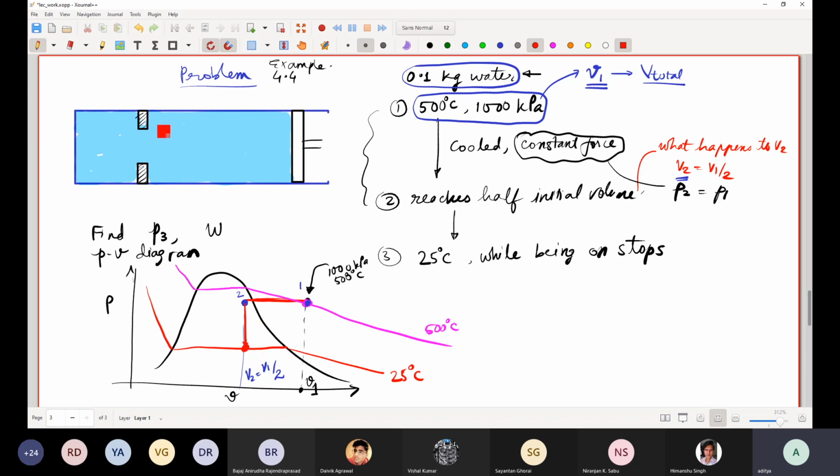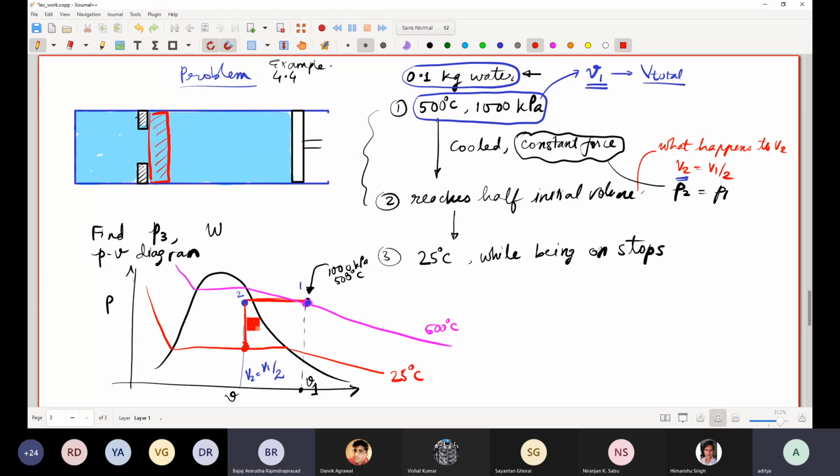And once the piston reaches this point, and you're taking it to a lower temperature, because there is no more movement of the piston, the specific volume will remain constant. That is why it is going to be a vertical straight line.